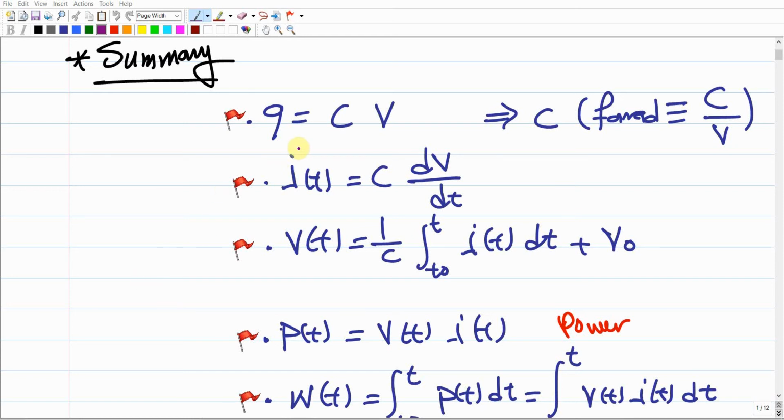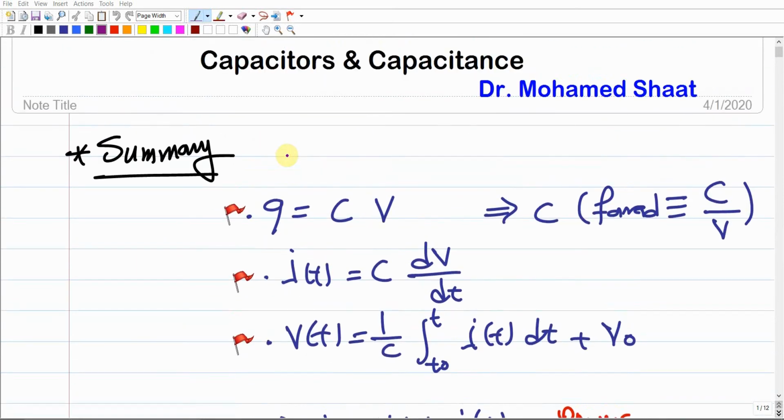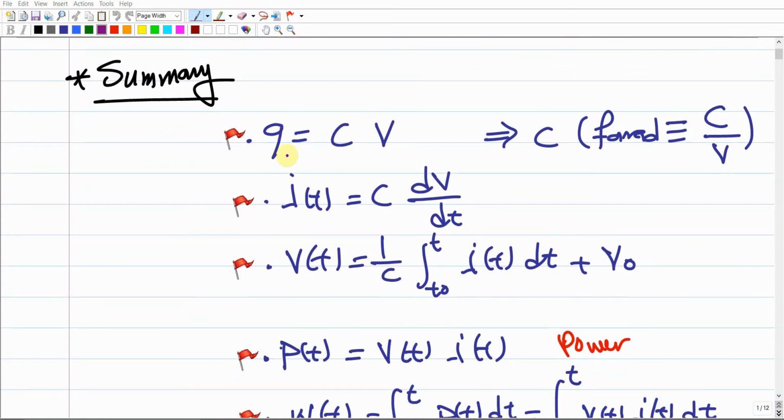We said that for the capacitor, the charge over the capacitor is equal to C, which is the capacitance, a constant or material property of the capacitor, times the voltage over the capacitor itself. The capacitance C is measured in farads, which is equivalent to coulombs divided by volt.